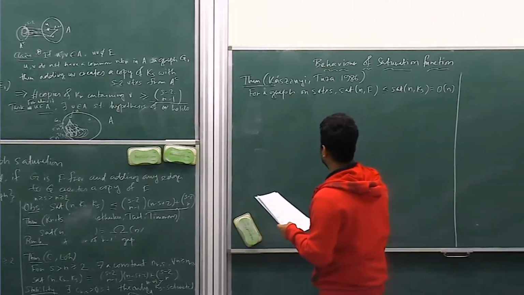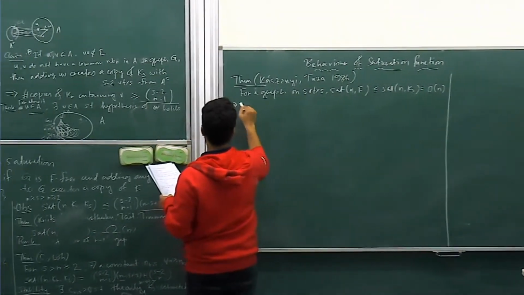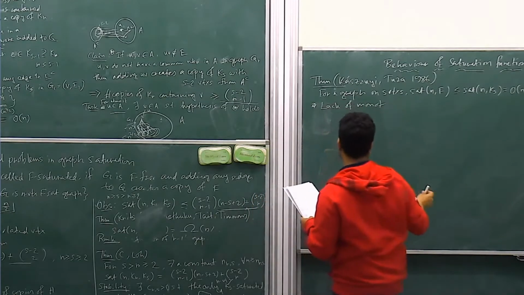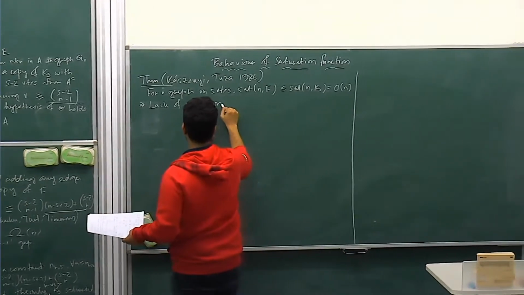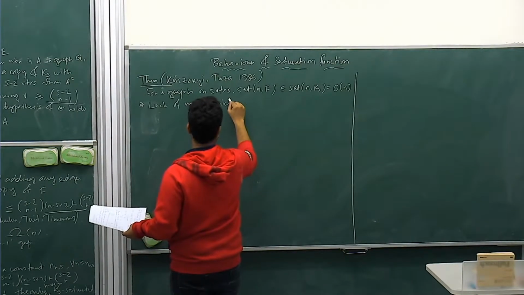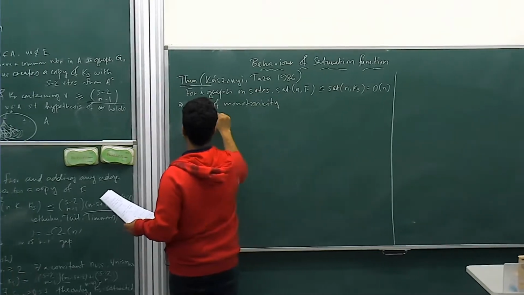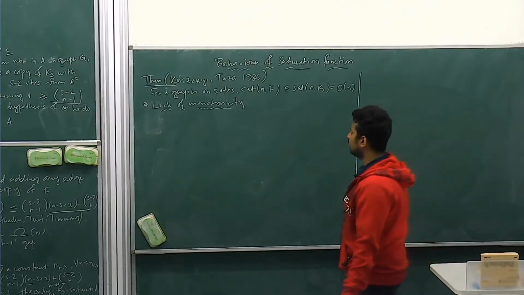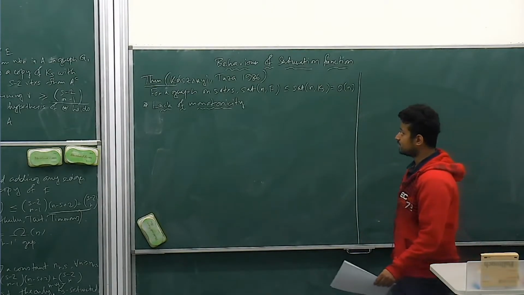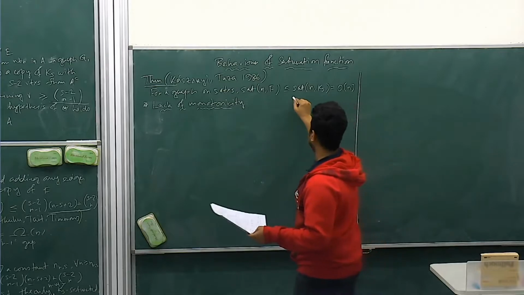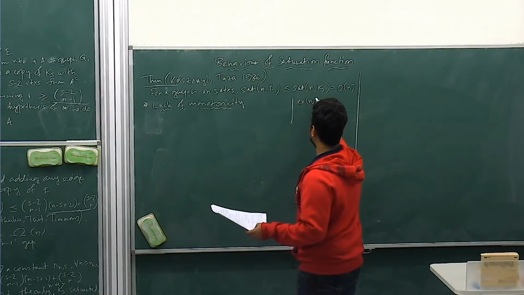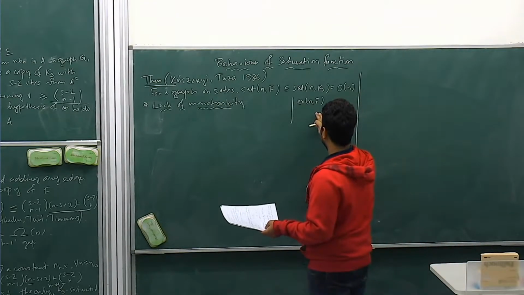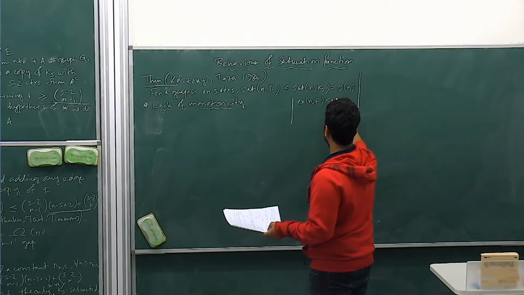And now I'll give some examples showing how this saturation function lacks monotonicity. So for example, the extremal function ex(n, F) denotes the maximum number of edges in an n-vertex F-free graph. For the extremal function, there are these monotonicities.